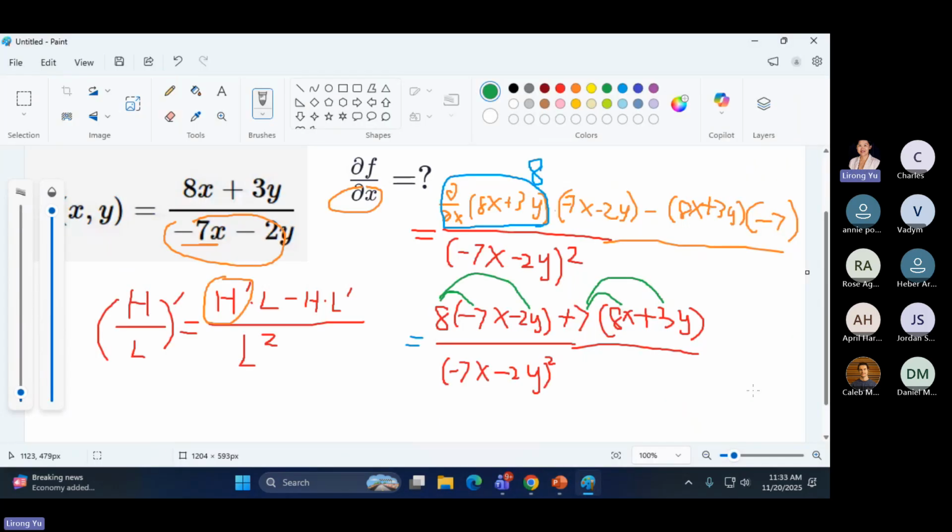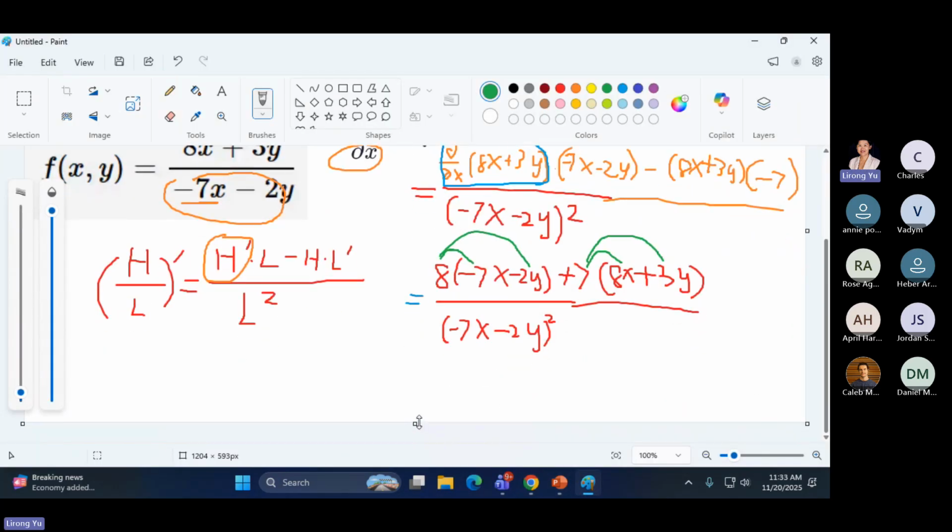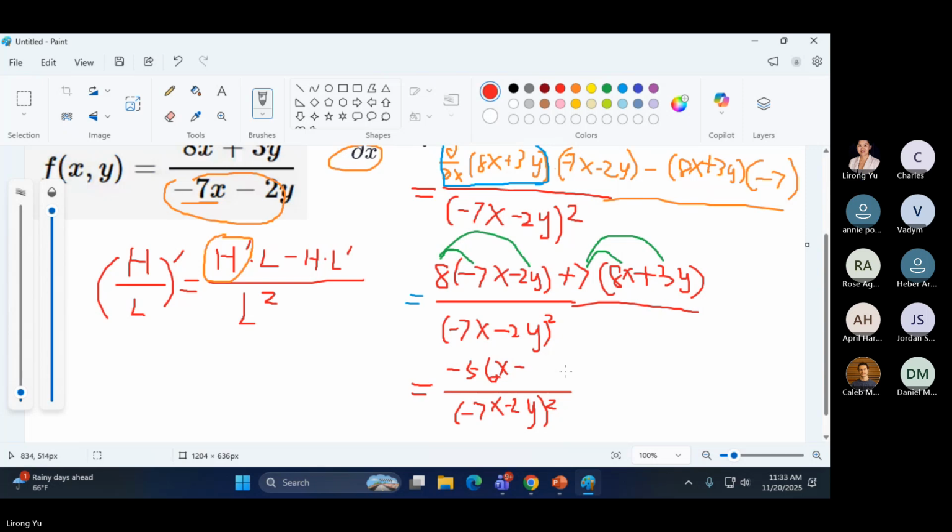So double check your calculation, and to finish the numerator, it will look like this. There's no change to the denominator. As you can see, all four choices have exactly the same denominator. It's the numerator that has some algebra that we have to do. Okay, it's negative 56x. What's your answer?